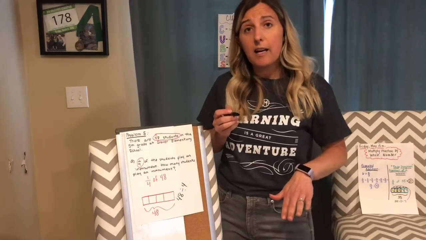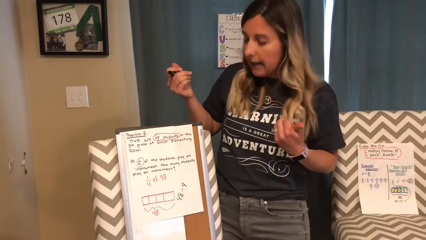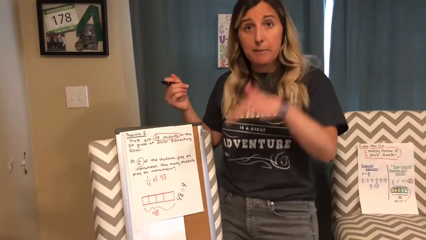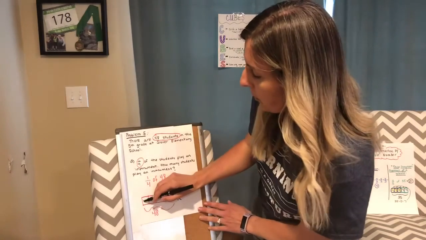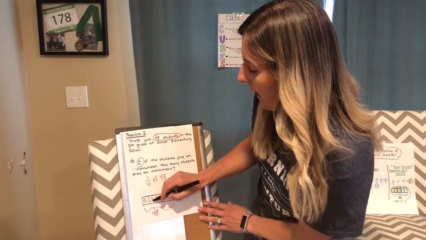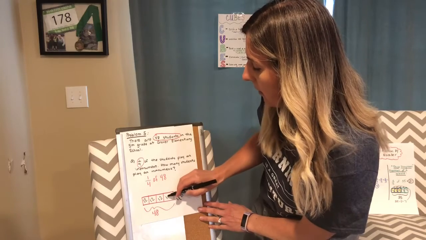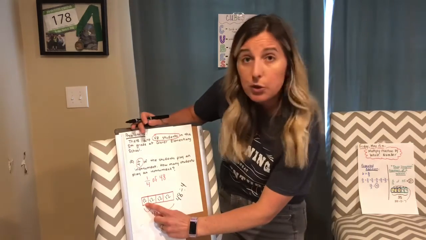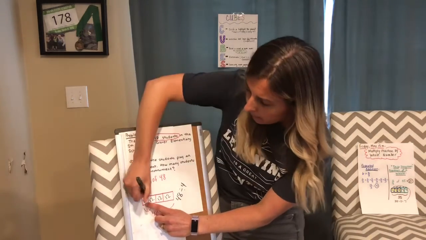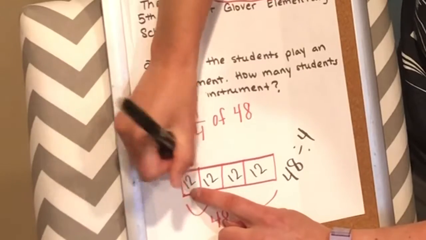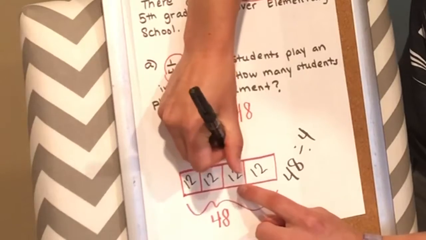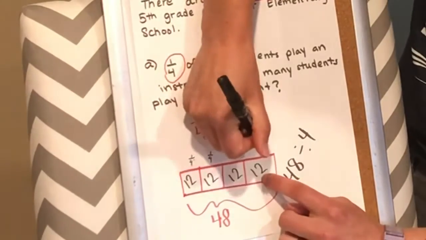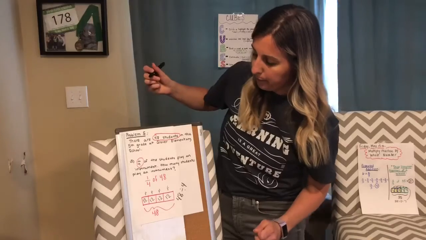So 4 times what gets you 48? 12. I know 12 times 4 is 48, so 48 divided by 4 is 12. So think of this 12 now as representing 12 students in this fourth, 12 students in this fourth, 12 students in this fourth, and 12 students in this fourth.